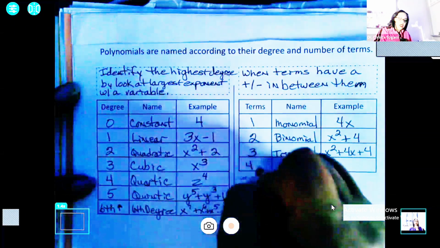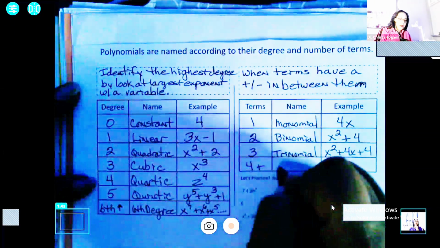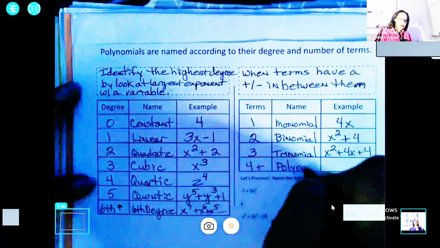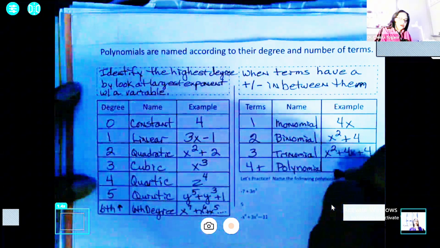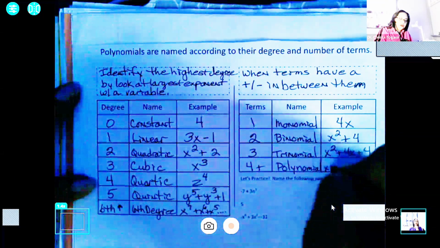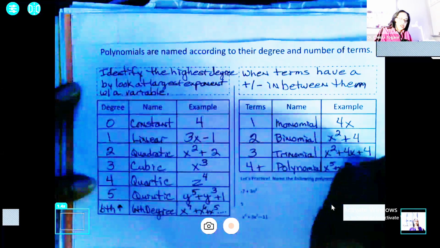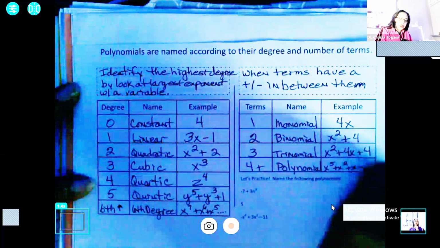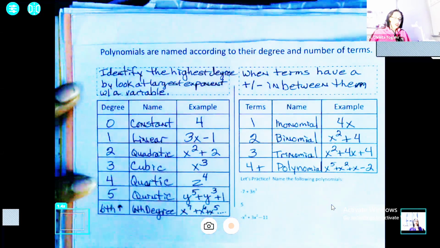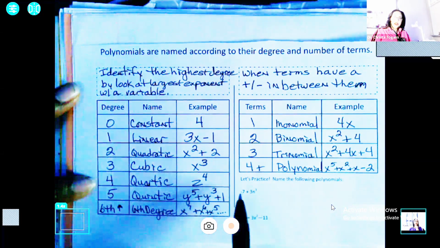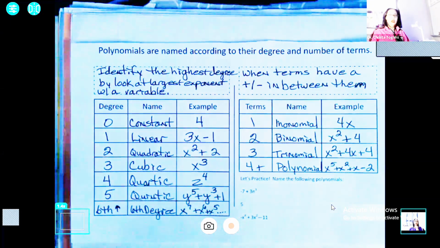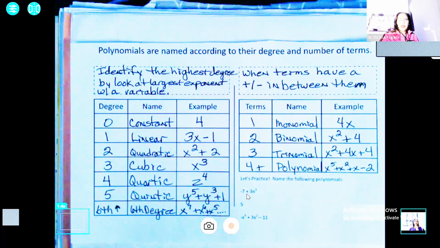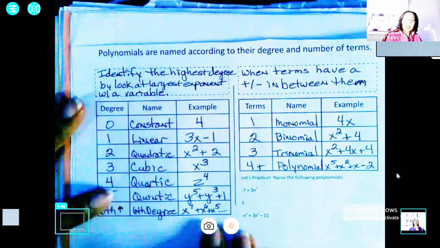And then anything that is 4 or more terms is a polynomial. And we could say x to the 5th plus x to the 2nd plus x minus 2. Okay, so now it might be a little bit hard to see this, but this says -7 plus 3n squared, or sorry, 3n cubed.